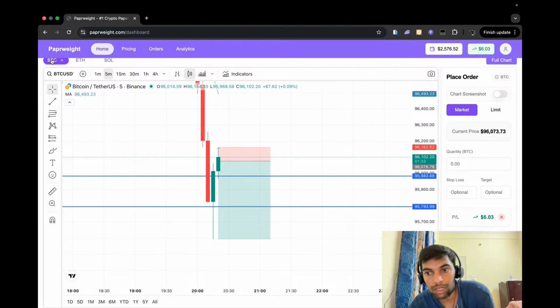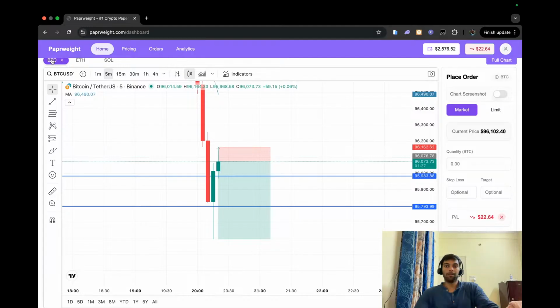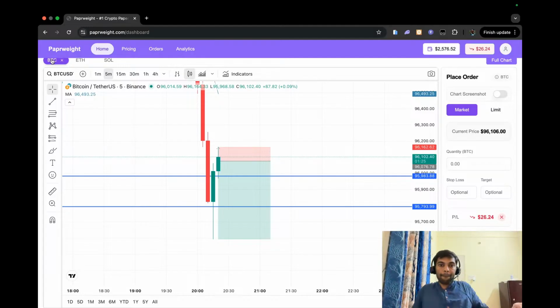So 100 points is something that we will take as a stop loss. My entry might be too early, but we have to take a risk, and I think the risk is quite normal.